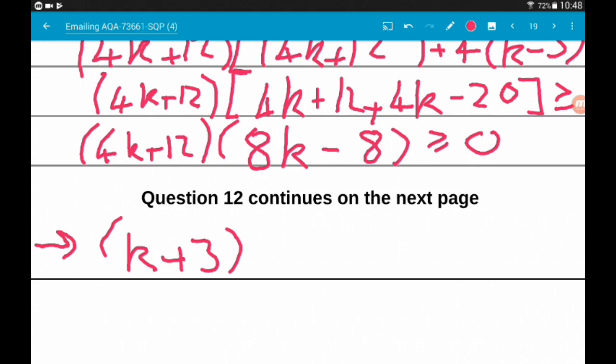And this second bracket has a common factor of 8. So if we divide that away, we get k minus 1. And that is all greater than or equal to 0. And there it is. We've shown what we wanted to show. Good times.